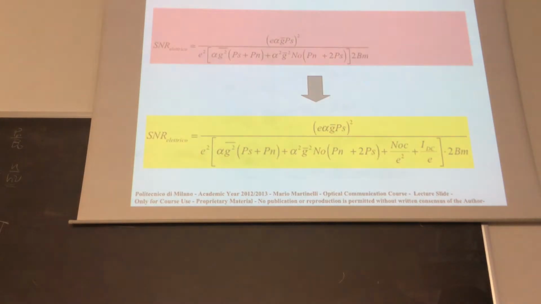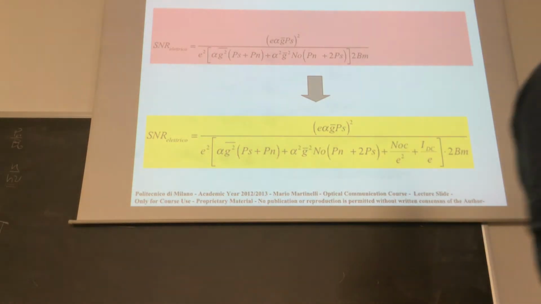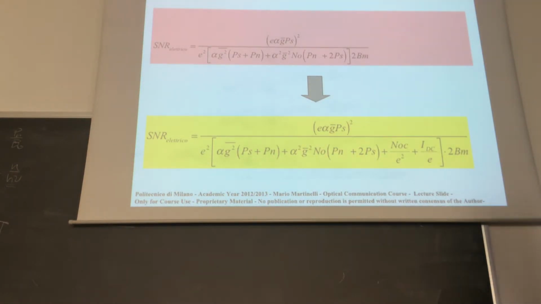So if we add this, we finally obtain this expression. This is finally the signal to noise ratio, in electrical, in our optical communication. And this is an expression valid for any optical communication system, where you see that we have the Johnson noise, the dark current noise, and the 4 optical terms.